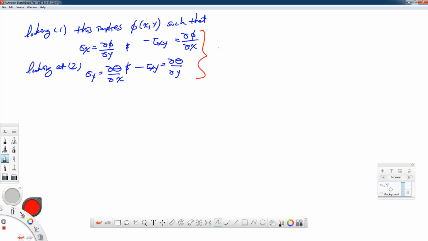So this tells me that the partial derivative of phi with respect to x has to be equal to the partial derivative of theta with respect to y. Well, that also means that those two functions are derivable from a potential function.